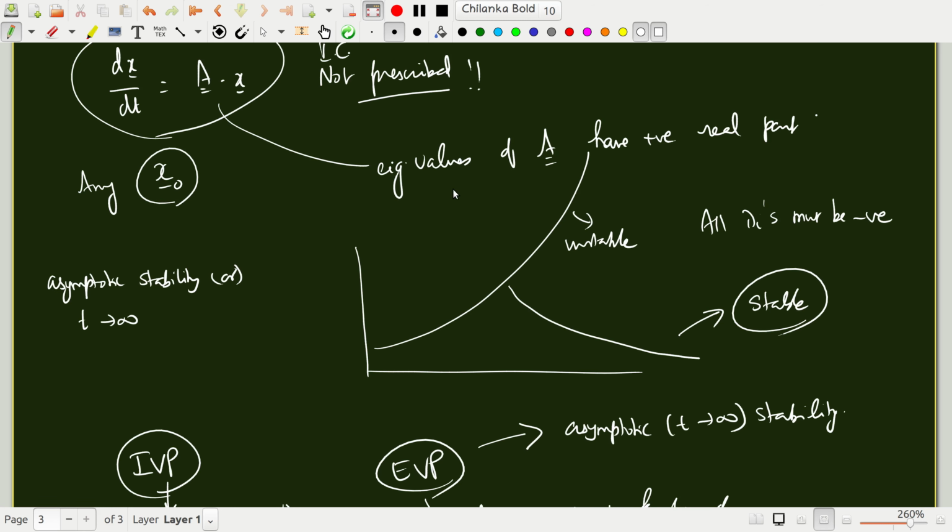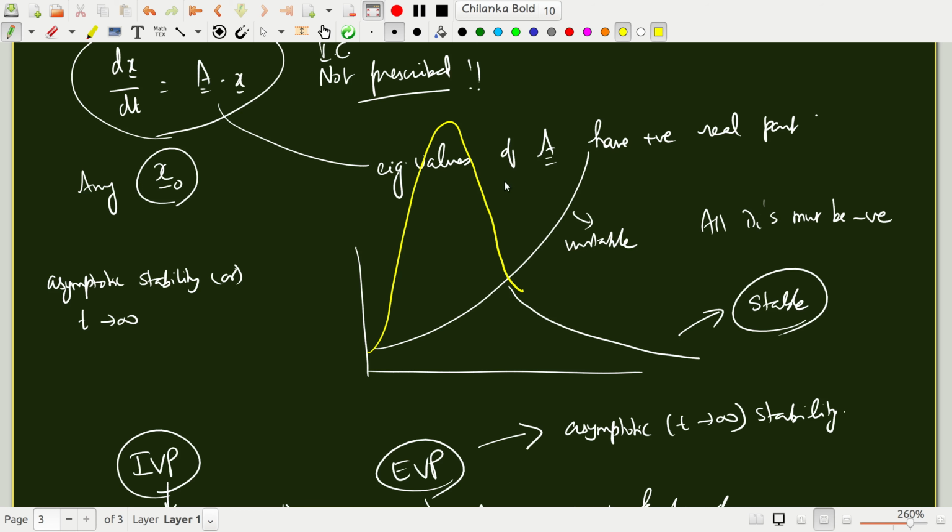Now if the eigenfunctions are not orthogonal, then there will generally be a transient increase before it decreases. Okay, and this has nothing to do with the eigenvalues, because all the eigenvalues anyway have negative real part.